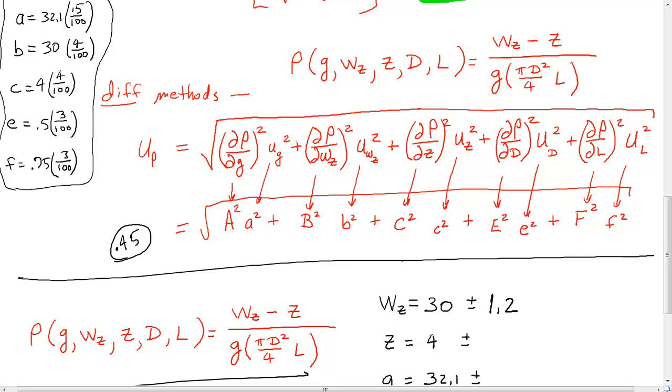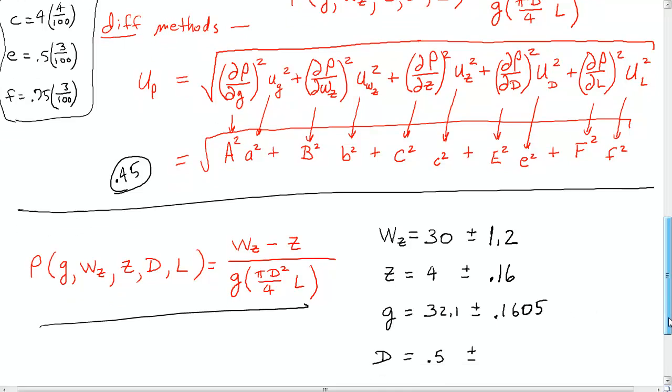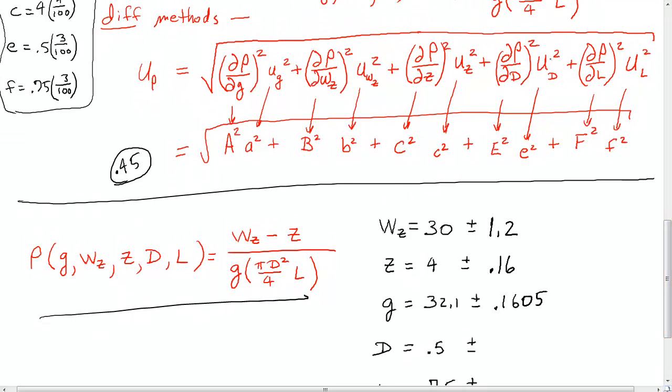Okay, so the Z, for example, the little z, where is it? It's right here. It's the C, which is 4 over 4, so the C is 0.16. Now these are not percents, these are actual values. It's 30 plus or minus 1.2 pounds. G happened to be the A, which ends up to be 0.1605, and there's probably extra change, but I'm not going to use it.